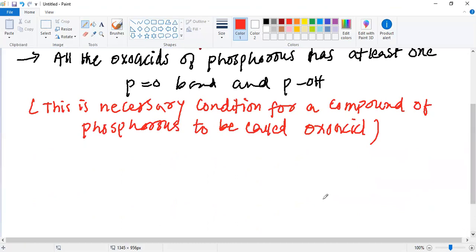So please remember, my dear students, for any compound of phosphorus to be called an oxoacid of phosphorus, it must have at least one P=O and at least one P-OH bond. So this is how, my dear students, we understand.